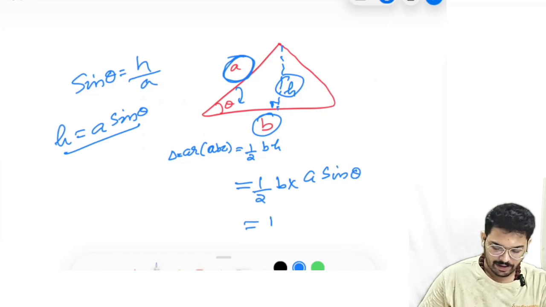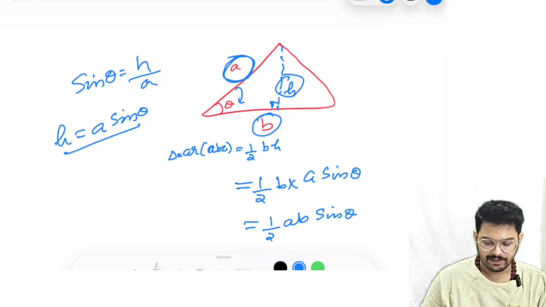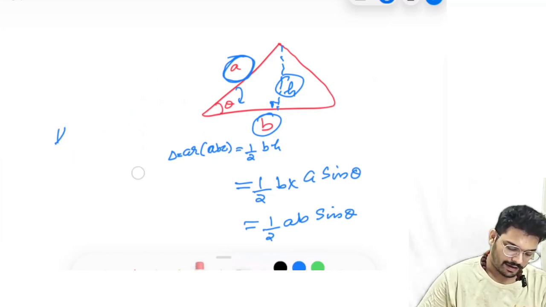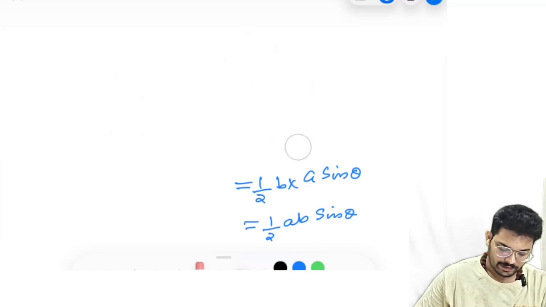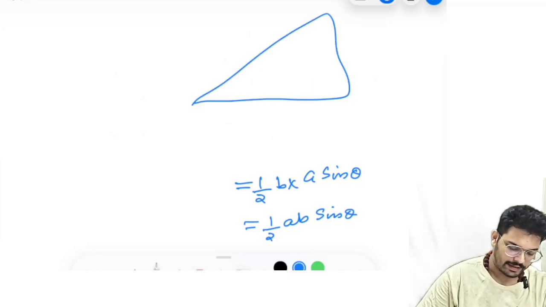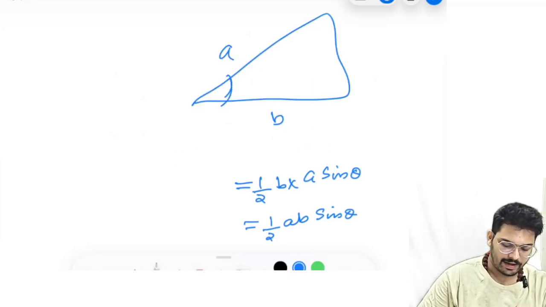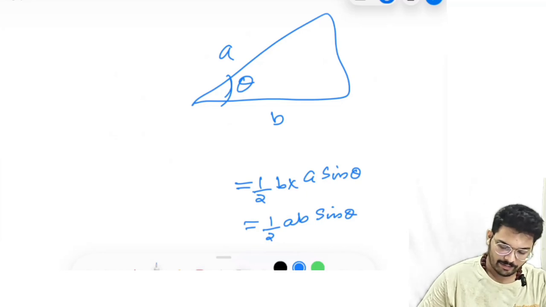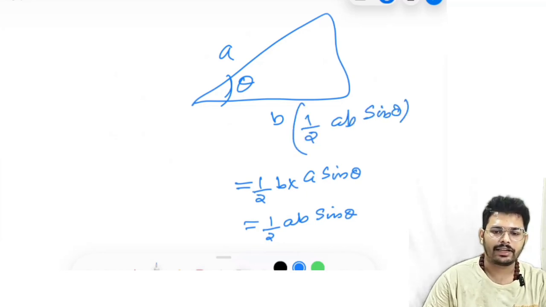Now this will become half ab sine theta. In other words, if you have a triangle with two sides a and b given and the included angle theta given, the area will be half into the product of these two sides into sine theta.